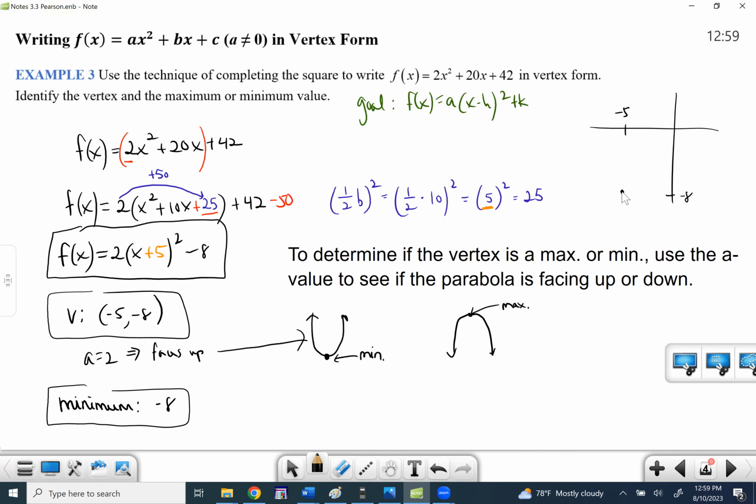And we have a parabola that faces upwards, something like that, just a sketch. So if somebody said, what's the minimum? They're saying, what's the lowest? Well, the -5 has nothing to do with it. The lowest value, if you trace it over here, is going to be the y value. So only report out the y value for the minimum, and the maximums too, same thing. Only report out the y value. All right, let's do another one like that.